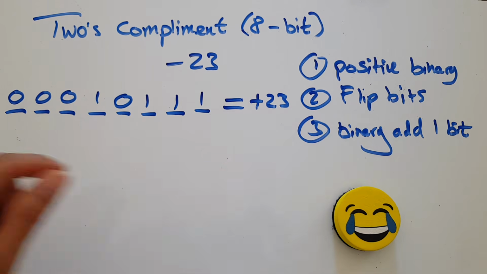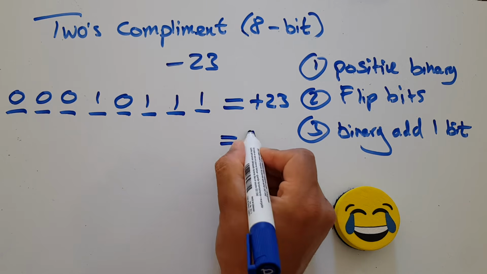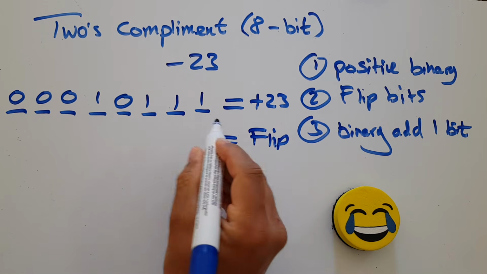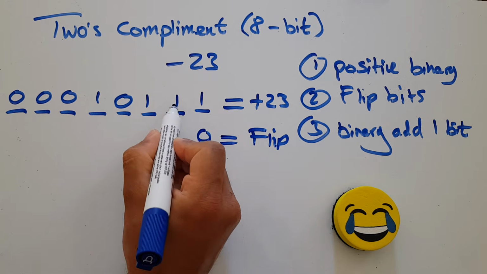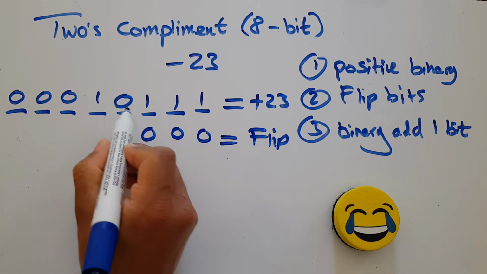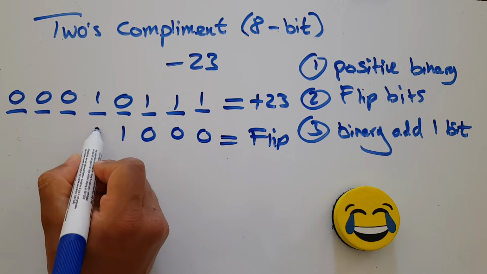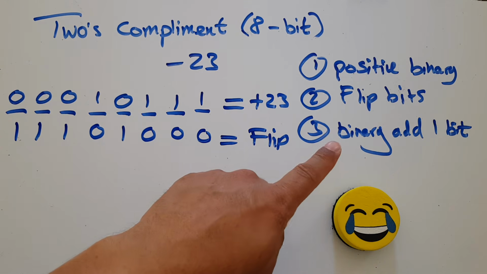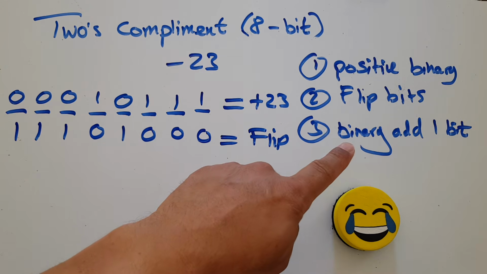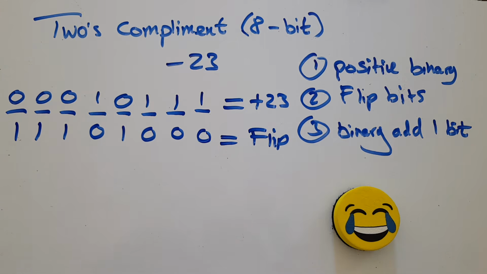Step 2, flip the bits. Well, this step actually doesn't require any thinking. That 1 is now flipped into a 0. That 1 is flipped into 0. That becomes a 0. That 0 is flipped into a 1. And that's it. So no thinking there. And what's the last step? A binary addition of a single bit. Okay, so we're done with that.